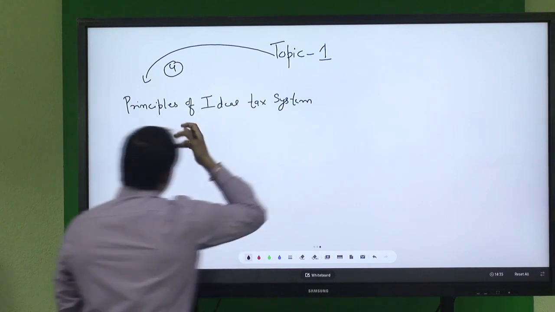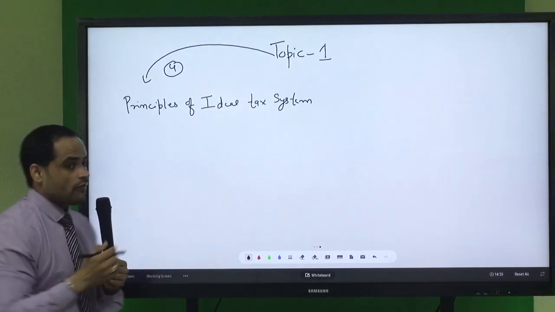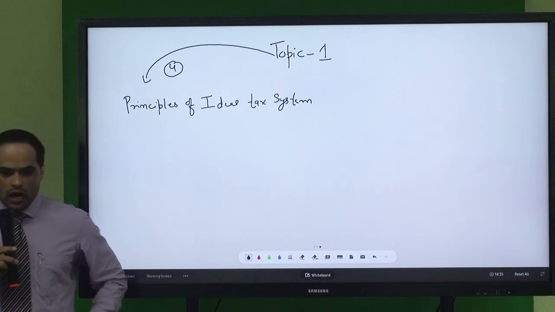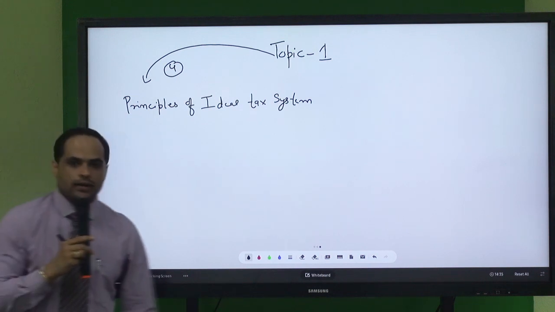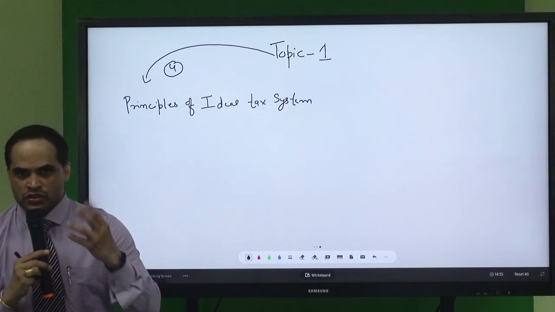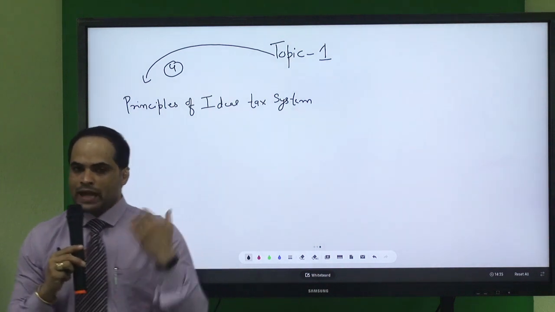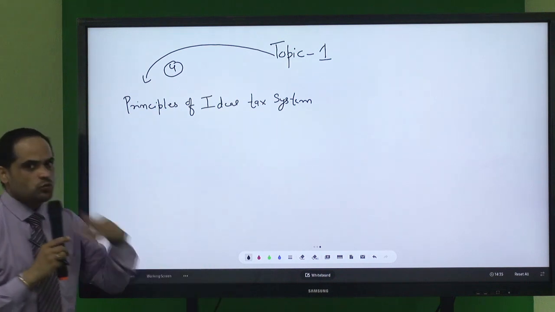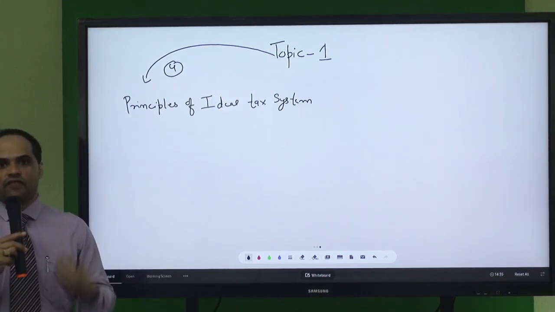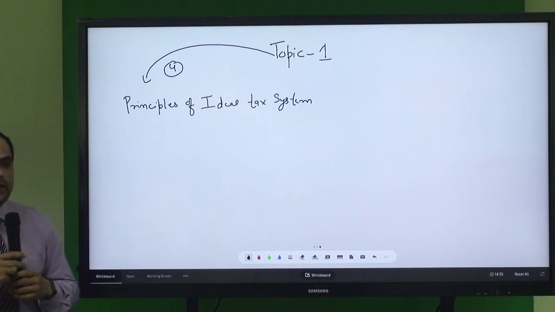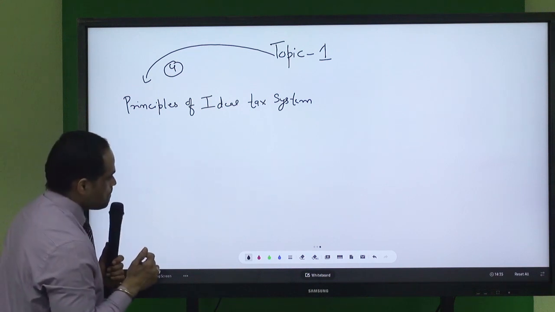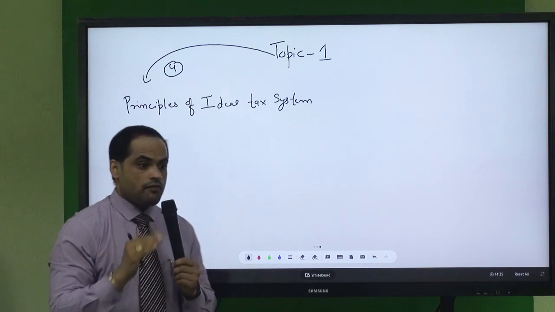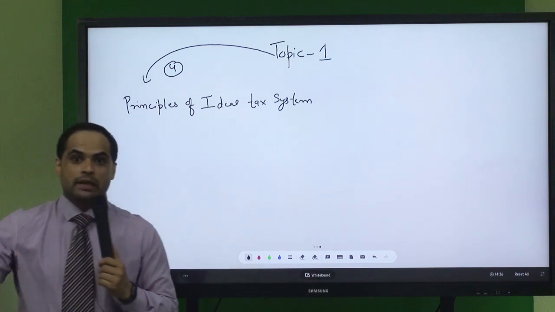So what are the principles of an ideal tax system? How do we define that a tax collection system or tax burden system is fair? With the help of a few principles, we're going to define what it means to have a fair tax collection system, or the tax system that every government wants to implement.